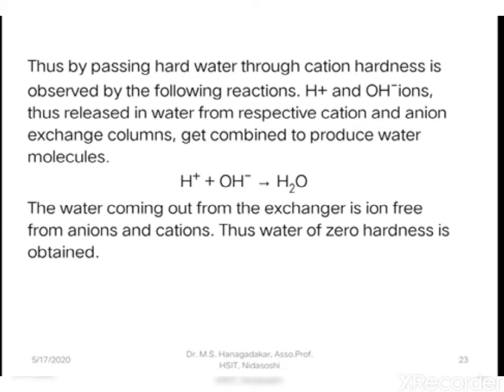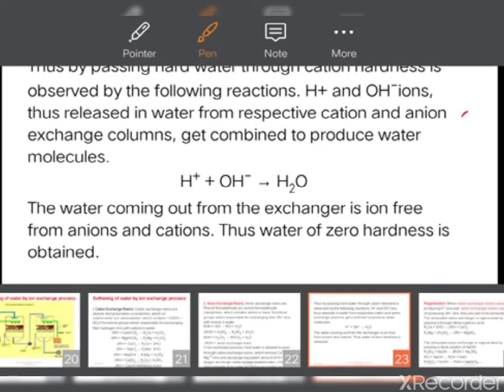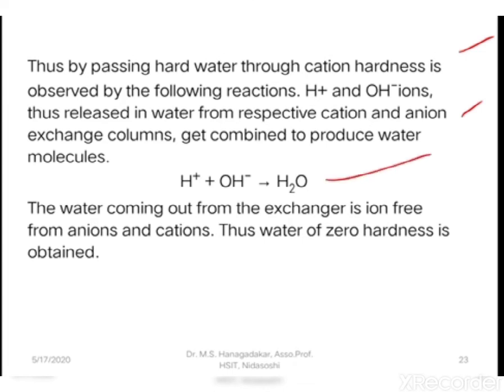Thus, the H plus ions released from the cation exchange resin and the OH minus ions released from the anion exchange resin combine to produce water. The water coming out of the ion exchanger is finally free from the cations and anions of the hard water, so the water carries zero hardness at the end of the process.